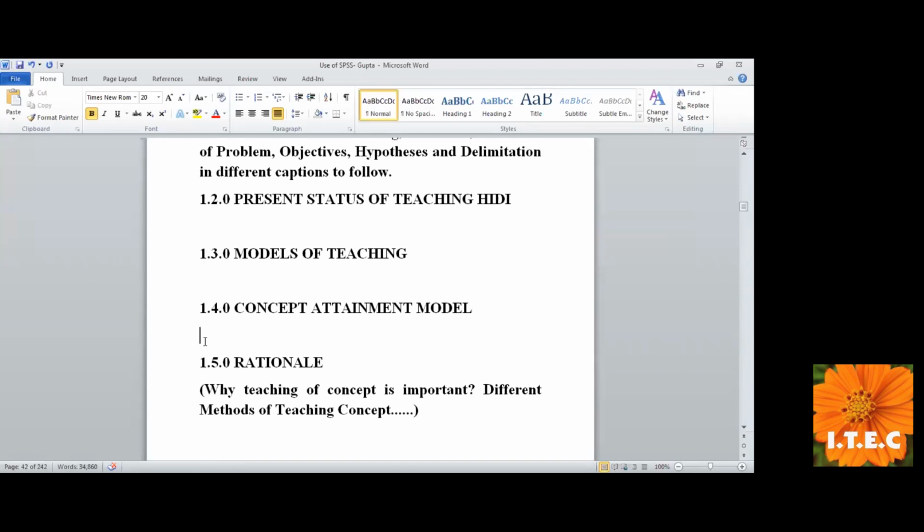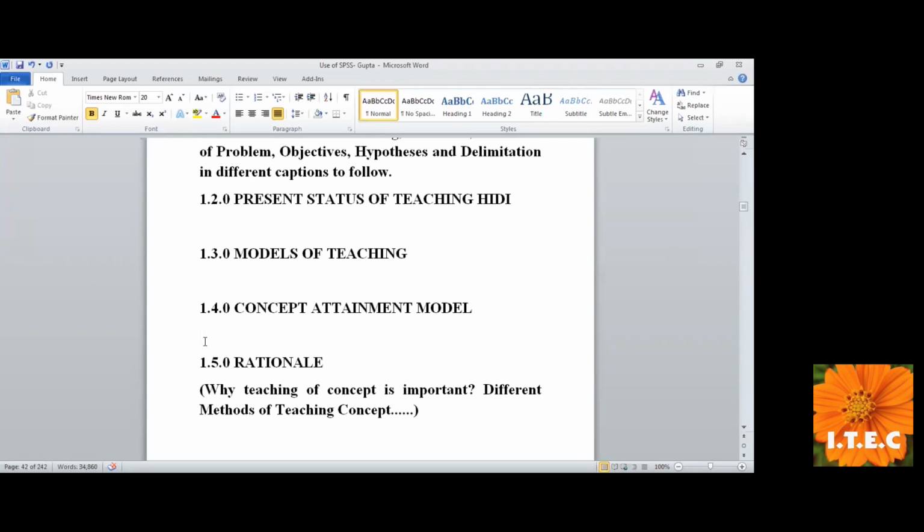Now, why do we write a separate chapter for the review of the related literature? Because you have a lot of information to be written, so it cannot be written in 4 pages or 5 pages. And if you make that a part and parcel of chapter number 1, then the length of chapter number 1 will be maybe 80 pages or 70 pages or 90 pages.